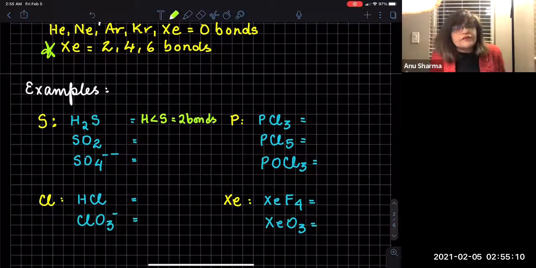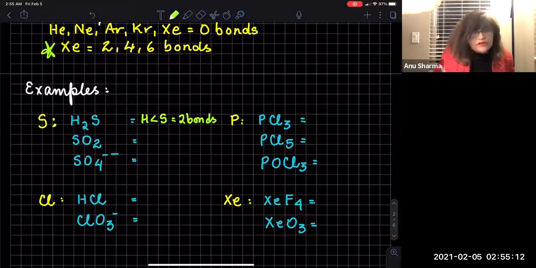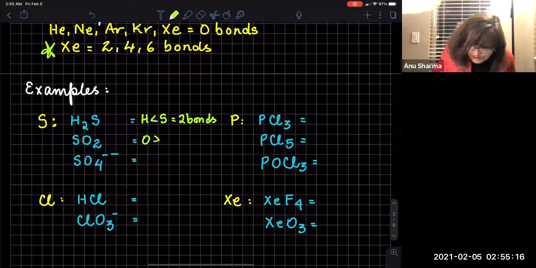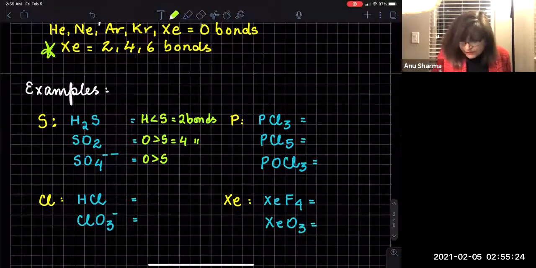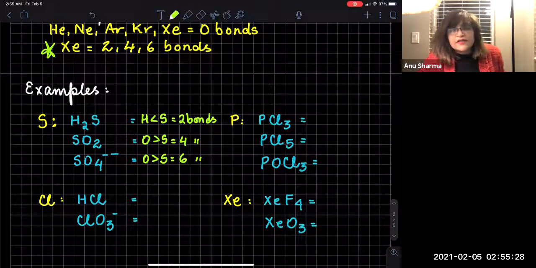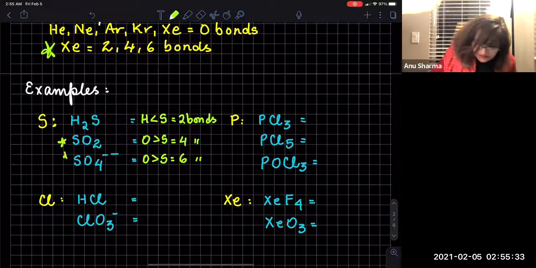But look at sulfur and oxygen in sulfur trioxide and sulfate. We see oxygen is more electronegative than sulfur in both cases. So in sulfur trioxide, sulfur is making 4 bonds. And in sulfate, sulfur is actually making 6 bonds. So you see, it is defying the octet in both these cases.